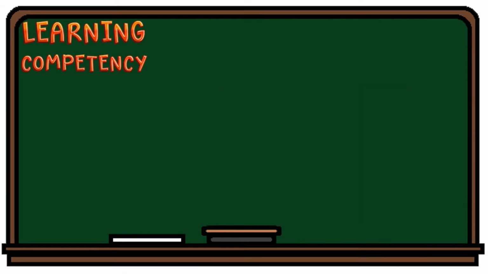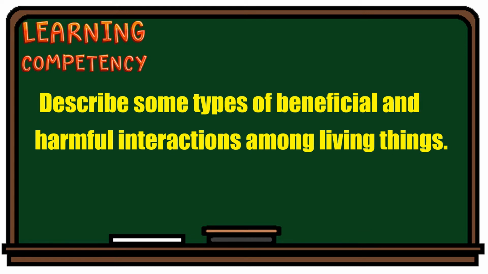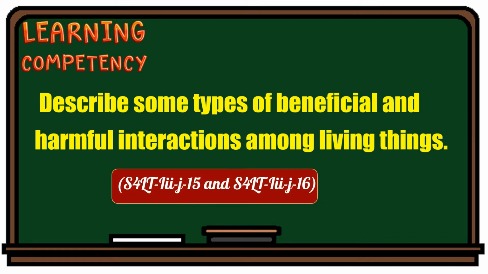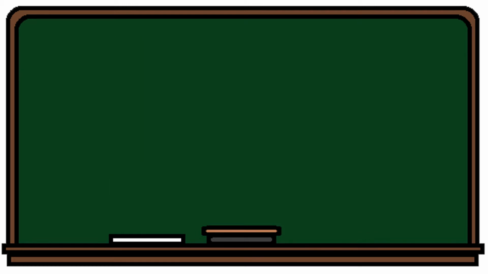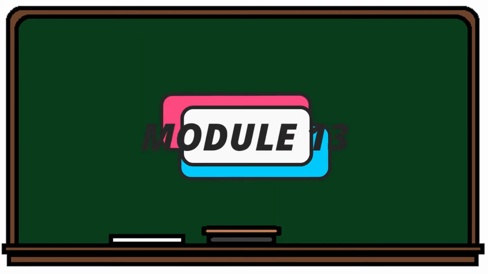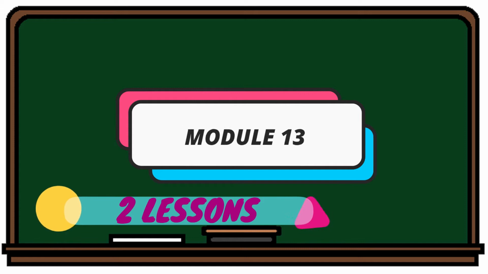The learning competency for Module 13 is to describe some types of beneficial and harmful interactions among living things. Module 13 is divided into two lessons.